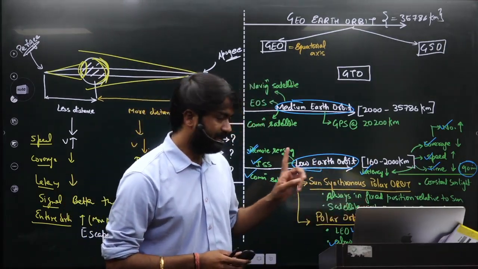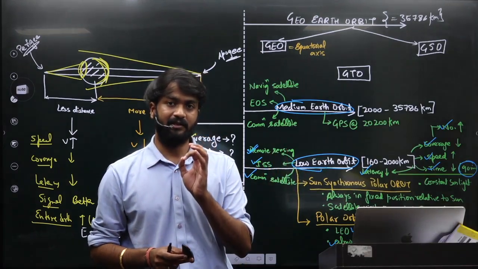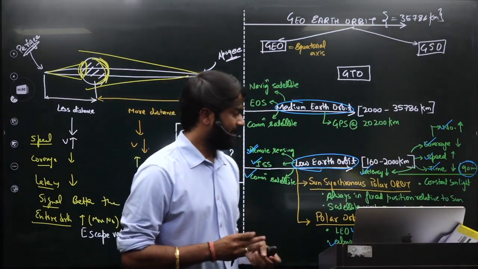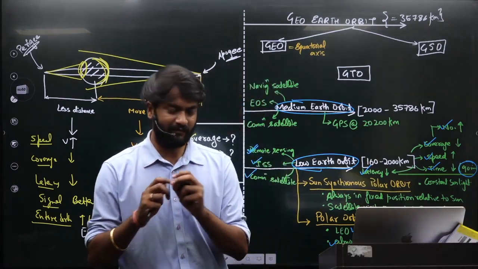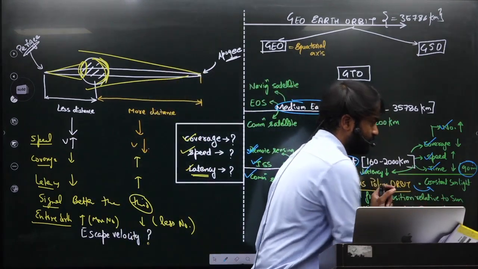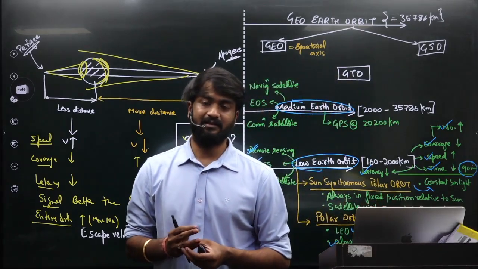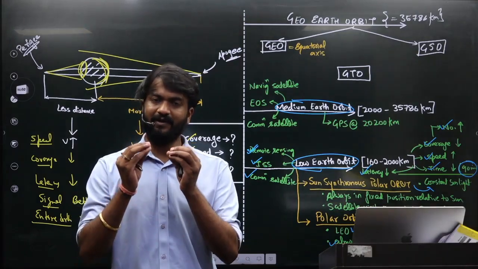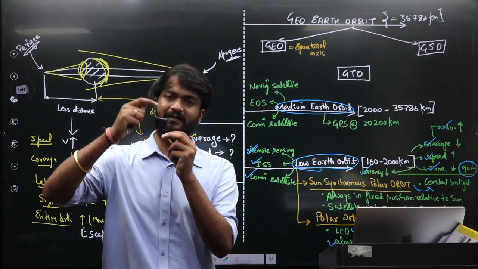Then the next and very important quality. See one of the videos if you wish, or maybe any image on YouTube. I don't have that time right now. I need to go quick. So this sun synchronous orbit has the phenomenon of constant sunlight. They always get sunlight because they are in sync with the sun.